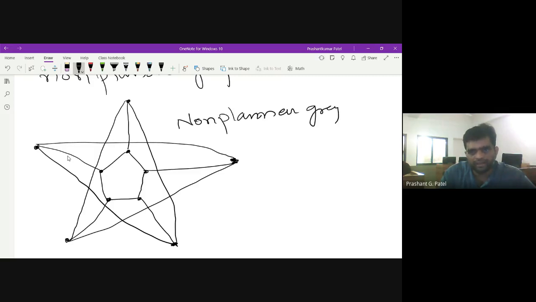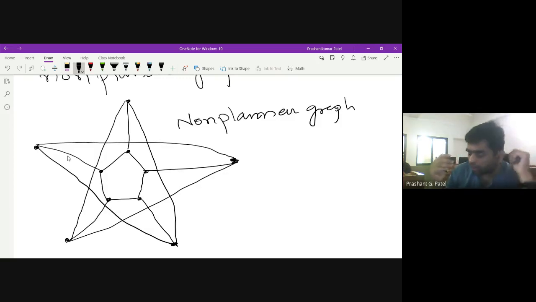So how do we decide whether the given graph is a planar graph or non-planar graph? Is there any formula for that, so that we can say that the graph is planar or non-planar?